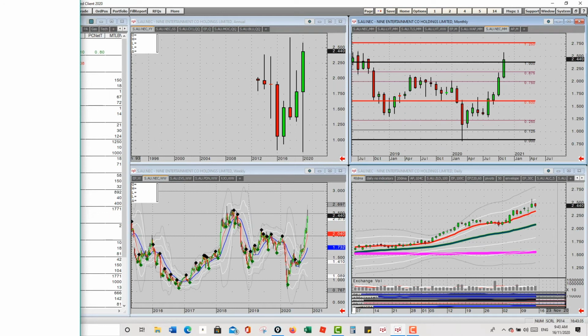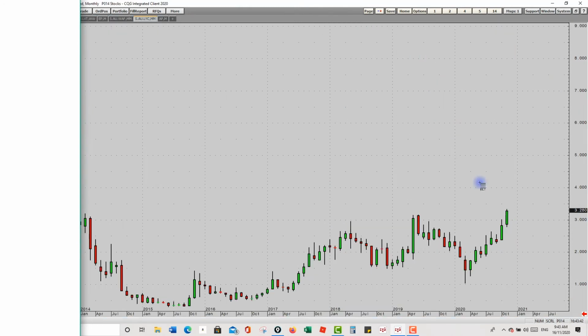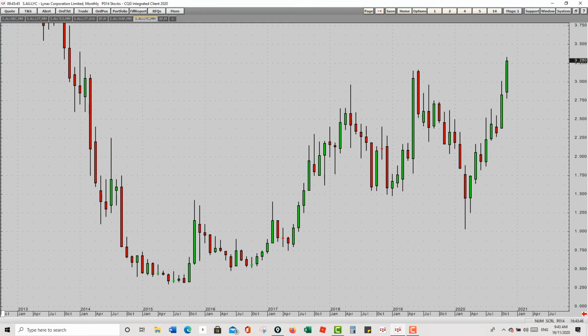So another example would be Linus, where we bought that stock. Here is a monthly chart of Linus, and what can we see here? Can you start to see these false breaks that occur, the range that gets set up?